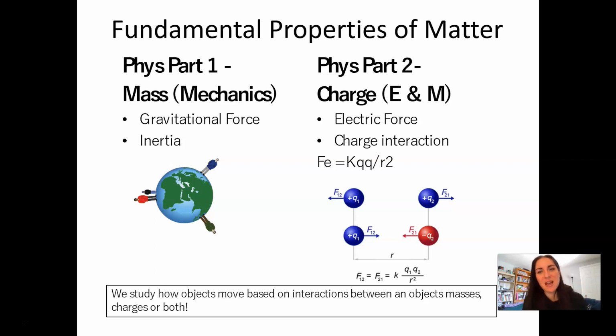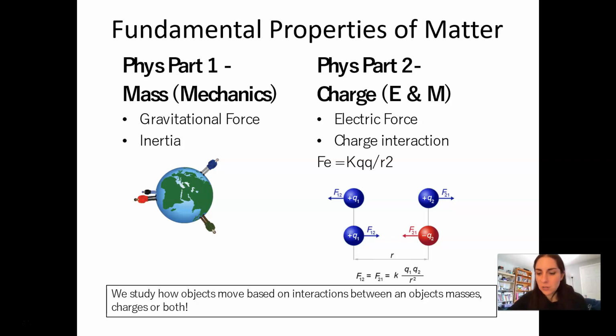But it turns out that when things interact with charge, they have very, very similar interactions to that of mass. So just like there's gravitational force between two masses, there's going to be electric force between two charges. So we're going to see some similarities, and we'll be able to calculate these things, such as electric force. We're also going to look at some of the other features of charge.